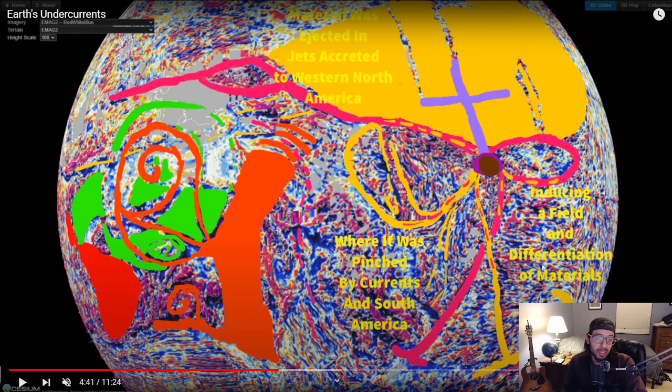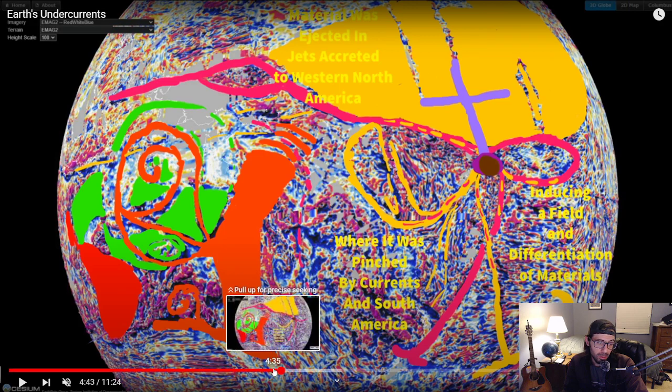Inducing a field and differentiation of material, which I'd point out because this system is basically supernovas and ejects material throughout the Pacific Ring of gold deposits because it's supernovas, because it differentiated material by these currents. And that's why I drew here these little lines. I tried to slowly etch them out.